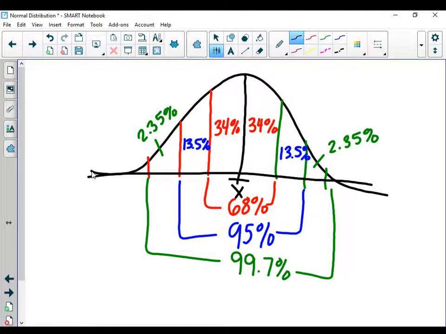And if my entire bell curve is 100%, I would just take 100 minus 99.7 divided by 2. And this little area here is the 0.15.